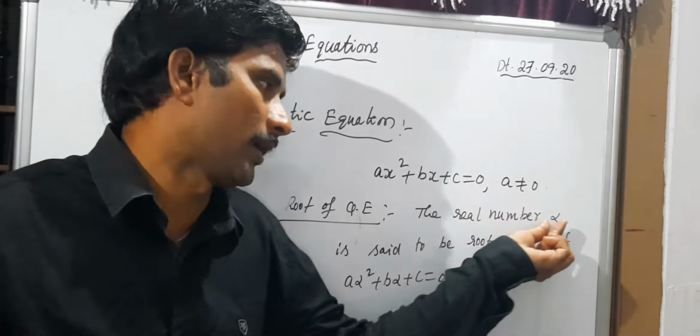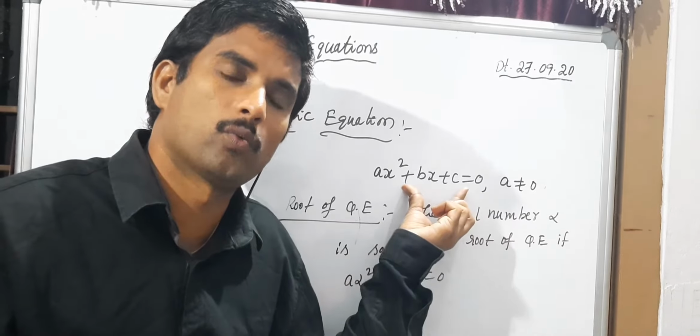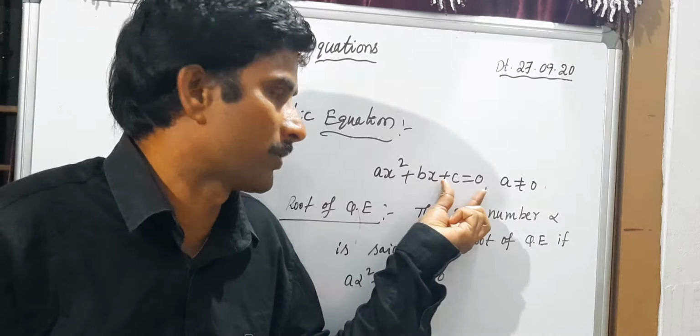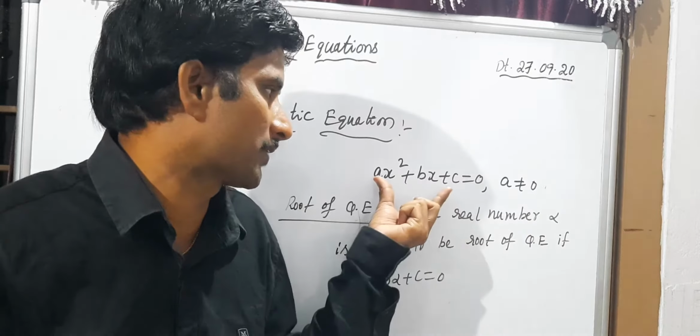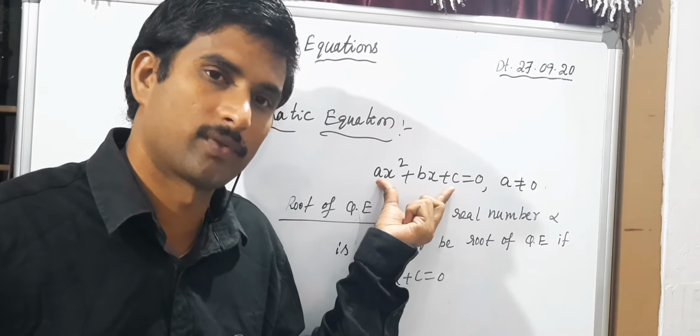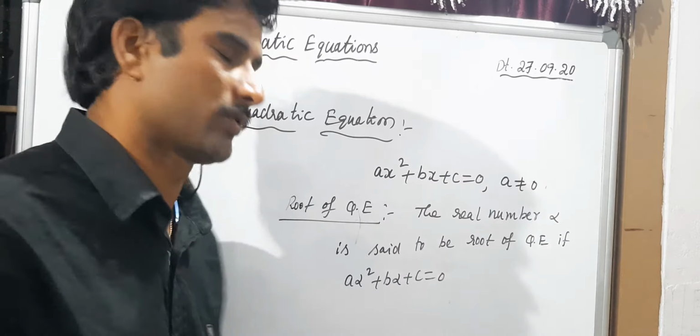So a real number alpha is said to be a root of an equation whenever a alpha square plus b alpha plus c equal to 0, which means alpha must satisfy the equation. Then we can say it is called a root of the equation.